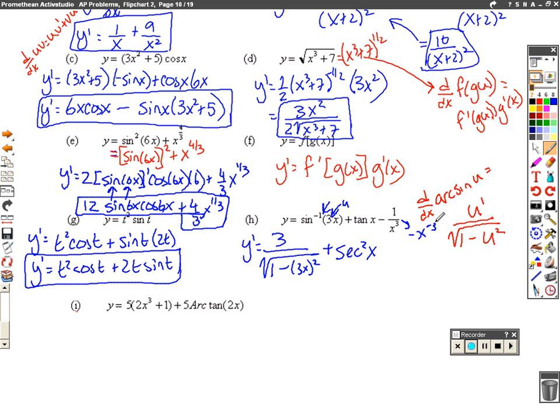If I bring that -3 down in front, it becomes plus 3x to the -4. So let's write it one more time. Y prime is equal to 3 over root 1 minus 9x squared, plus secant squared of x, plus 3 over x to the 4th.